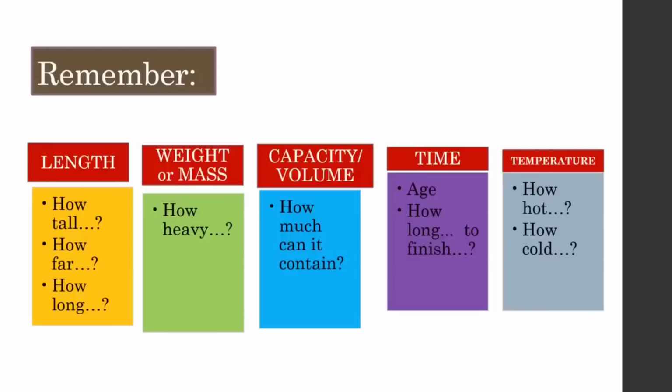For capacity or volume, we can ask how much can it contain. For time, we can refer to age or how long it will take someone to finish a job, or other questions. And for temperature, we usually focus on the hotness or coldness. So we can ask how hot or how cold.